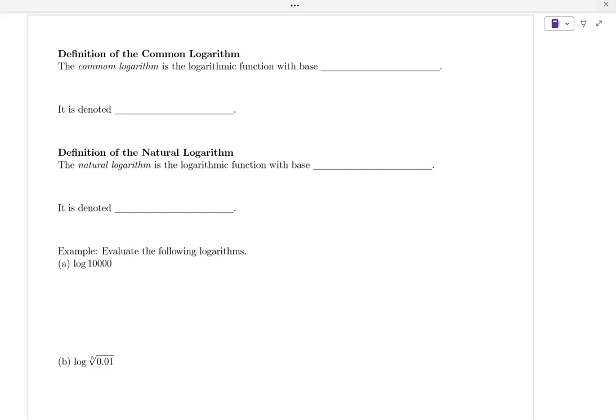The base needed to be positive and not equal to 1. But on your calculators, you may notice that there's only 2 buttons. And to start off with, you may only recognize that there's 1 button that's a logarithm. One of the things we'll talk about in the next section is how can we convert log base anything to any other log base that we would like.